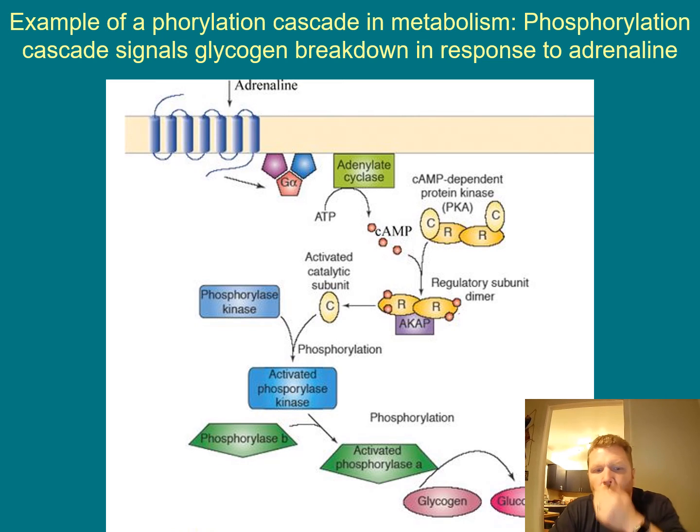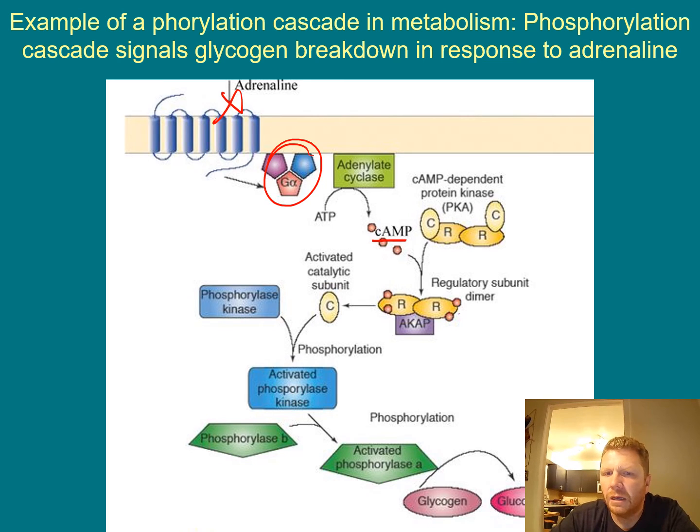An example of a phosphorylation cascade in metabolism is the adrenaline-driven cascade. You've got a receptor protein that is associated with a complex of proteins. When adrenaline stimulates the receptor, that receptor activates a protein complex that activates an enzyme known as adenylate cyclase, which takes ATP and makes a secondary messenger known as cyclic AMP.